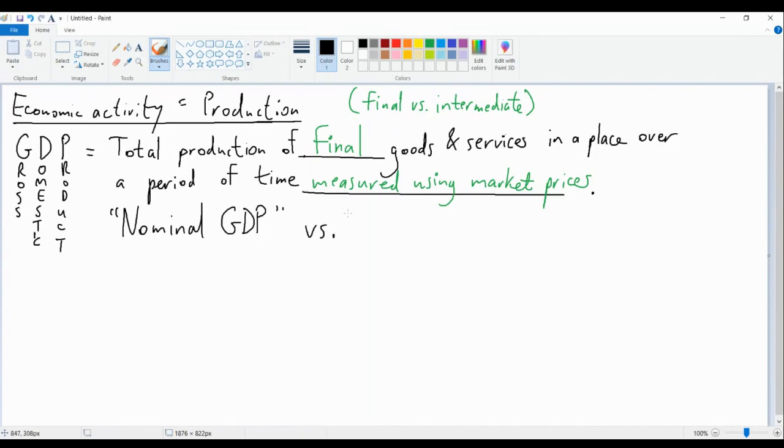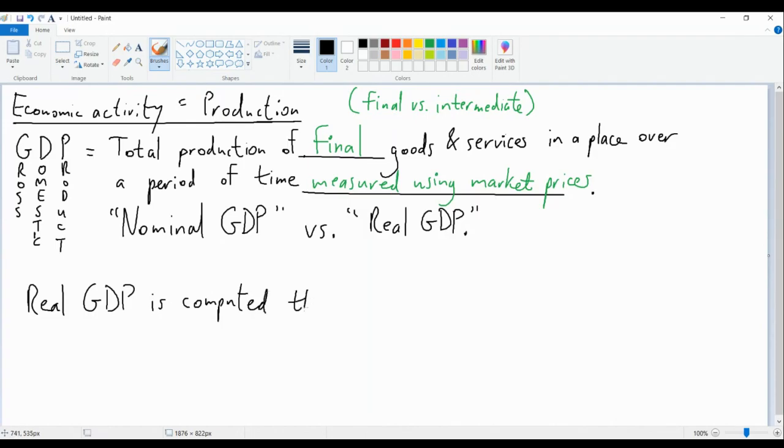And if we had such a thing, it would be called real GDP. Conceptually, the way we're going to do this is by measuring real GDP in the same manner that we compute nominal GDP, with one difference.